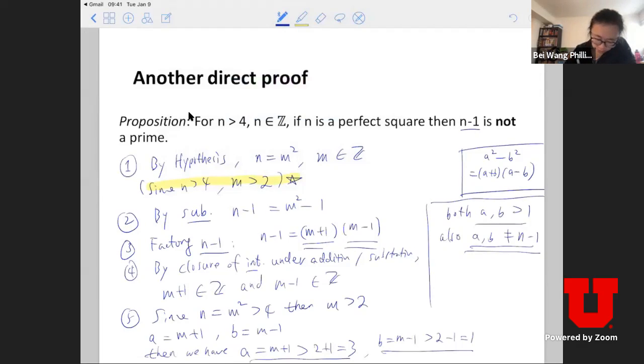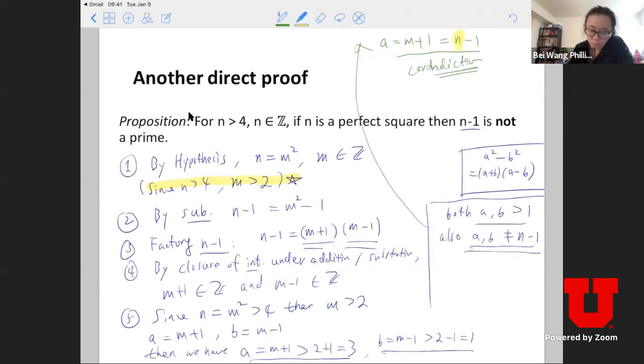If a were indeed equal to n minus 1, then we would have a contradiction. You should convince yourself that's indeed the case. n is actually quite large and a is just a factor of it, but you really want to show this by contradiction. If you are confused, come to office hours.